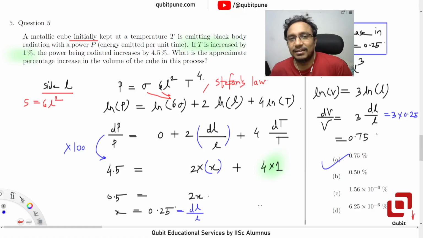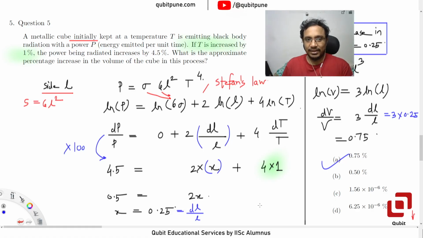Yes, because when I just read it, it occurred to me that shall we take the thermal expansion into consideration? That is what my first thought was, but then I later shifted to taking log, because in our practice sessions before the IISER test, we solved 1 or 2 questions.